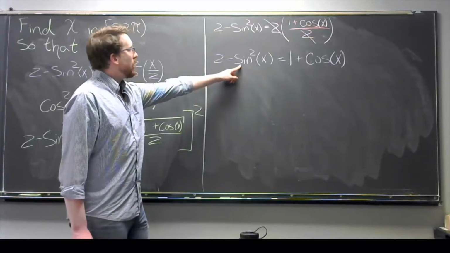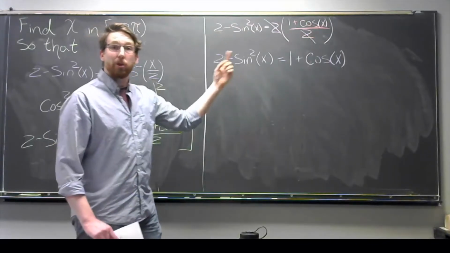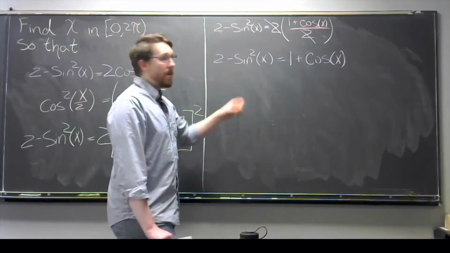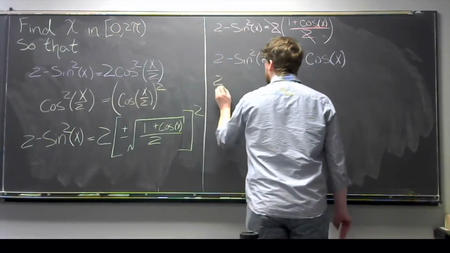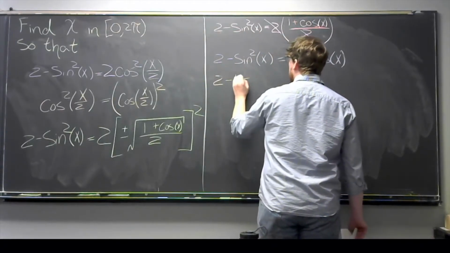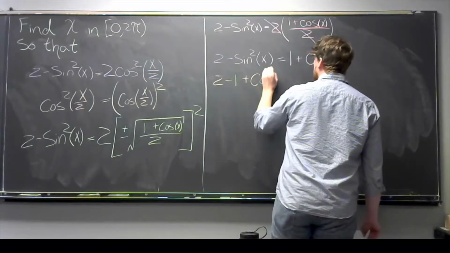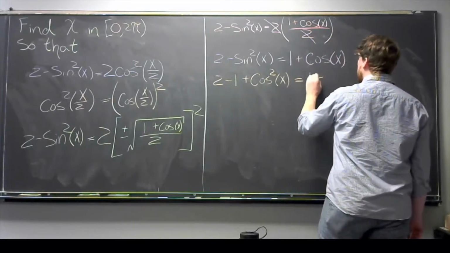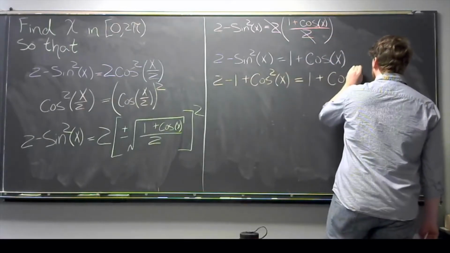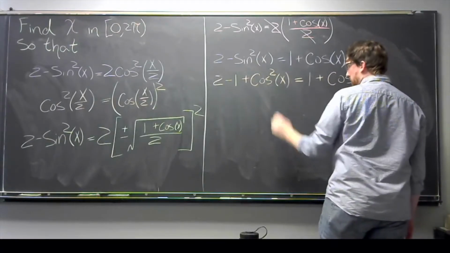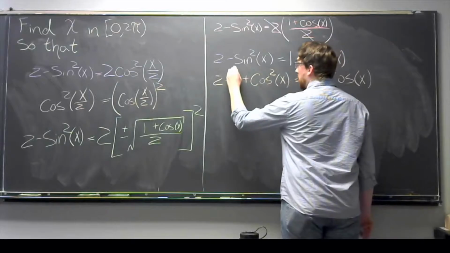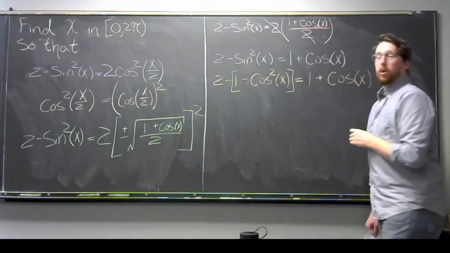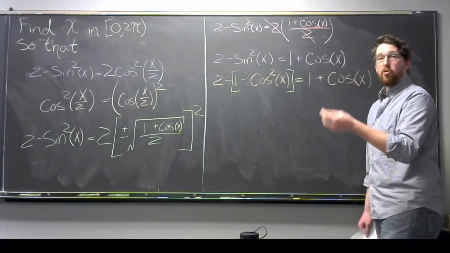Well, we can rewrite this sine squared as 1 minus cosine squared, and when we do that, these negatives are going to cancel inside, and what we're going to find is this is equal to 2 minus 1 plus cosine squared of x is equal to 1 plus cosine of x. So what did I do here? All I did here was distribute the negative and drop the parentheses.